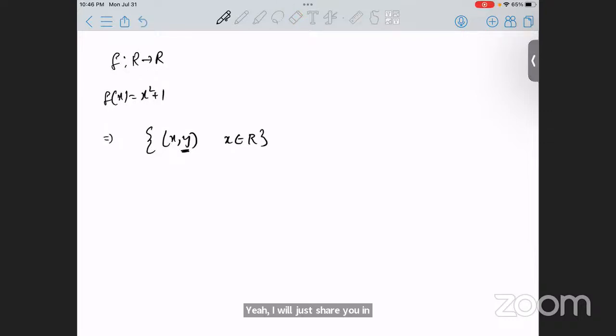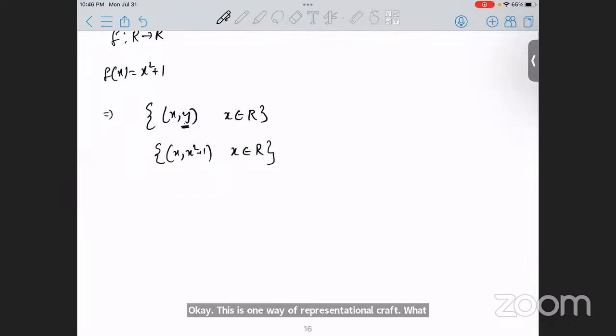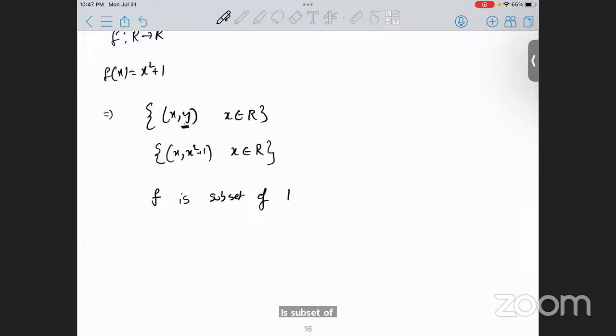Just look. What is the y value? x comma x square plus 1 and x is defined over all the real numbers. Okay. This is one way of representation of a graph. What is the other way? The graph of f is a subset of R cross R, not Z into R. How did you get this, f is a subset of R cross R?